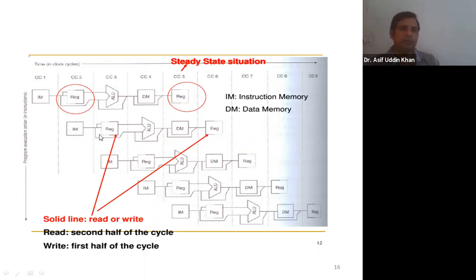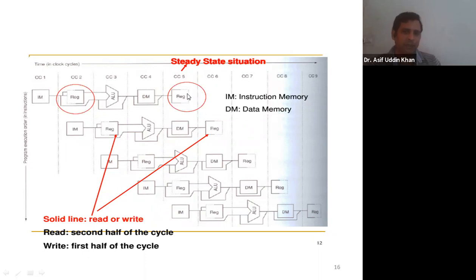Take any instruction, suppose the first instruction. It accesses the register in clock cycle number 2 and clock cycle number 5. In clock cycle number 2, this instruction is reading the register, because register read is done here, and in clock cycle number 5, this first instruction is writing the register.